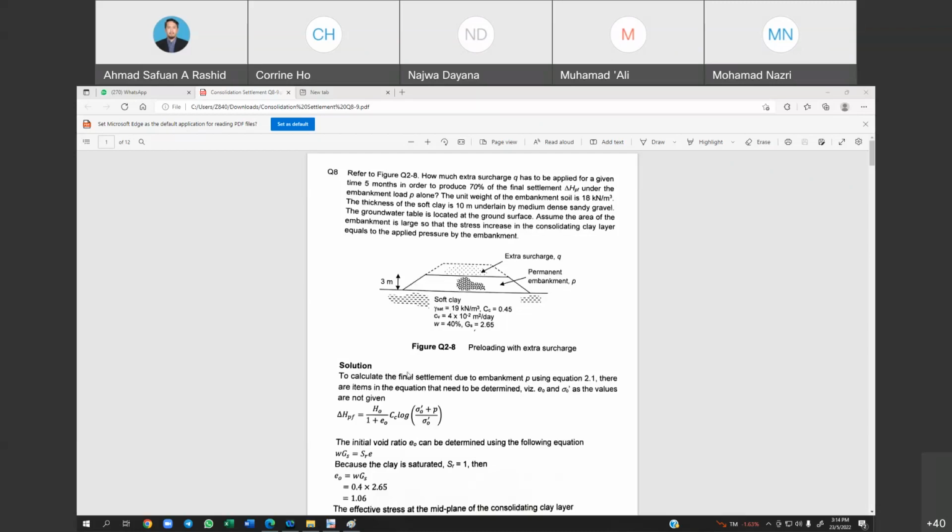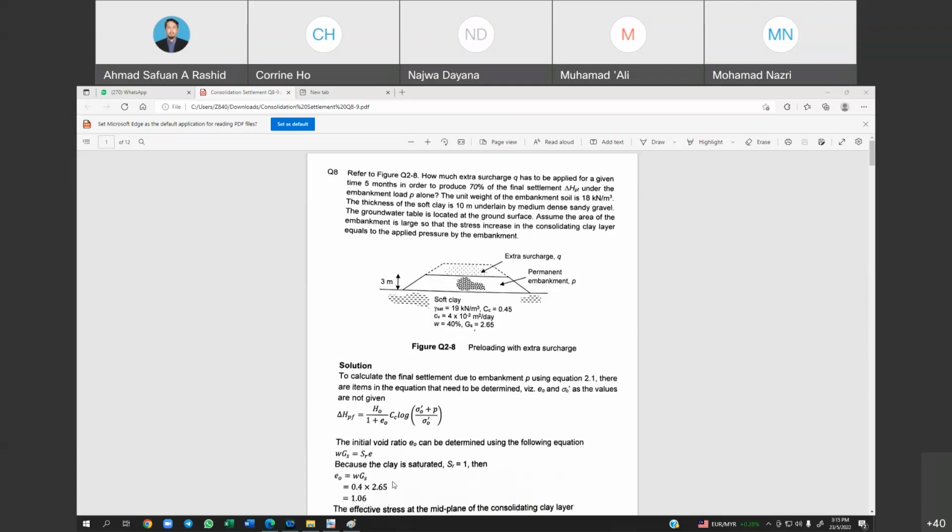To calculate the final settlement due to the embankment P using equation 2.1, there are items in the equation that need to be determined. For example, E naught and the effective vertical stress, as the value is not given. I guess we can easily get this value because they have provided the W and GS. So E naught is equal to 1.06.